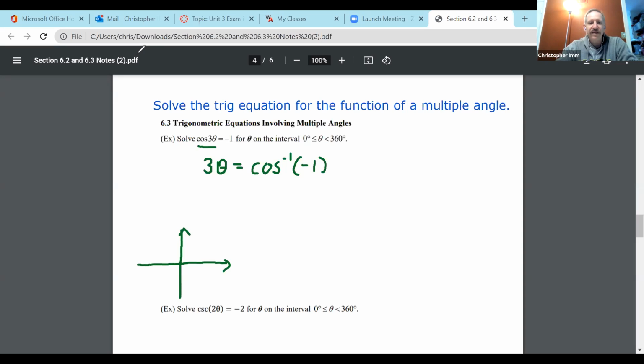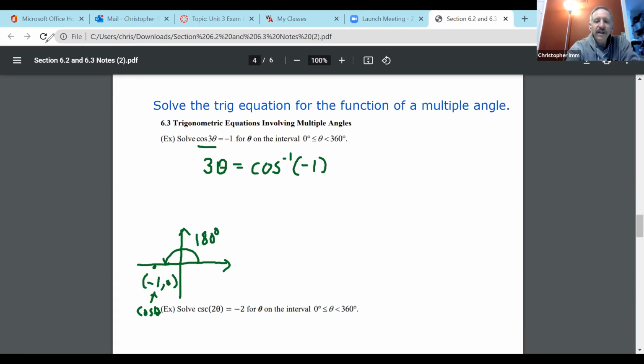And it looks like we're dealing with degrees here for this one. 180. Yeah, exactly. And that's the only place, right? So great, it's quadrantal. Good job. So -1, 0, -1 is the cosine. Excellent. So the only place from 0 to 360, we find all those places, is 180 degrees.